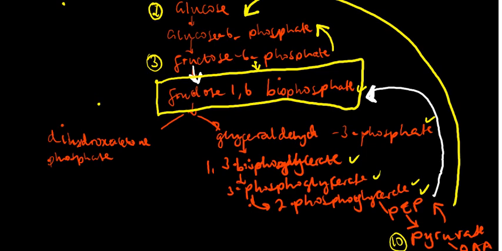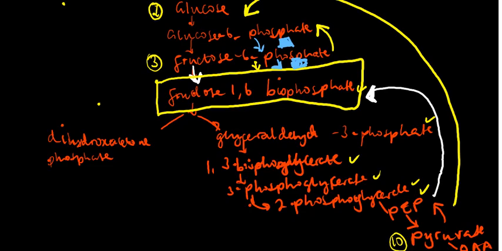Remember we have phosphofructokinase 1 somewhere here. If our enzyme is here, phosphofructokinase 1 is converting this to this guy or this to this guy. This is just an example.